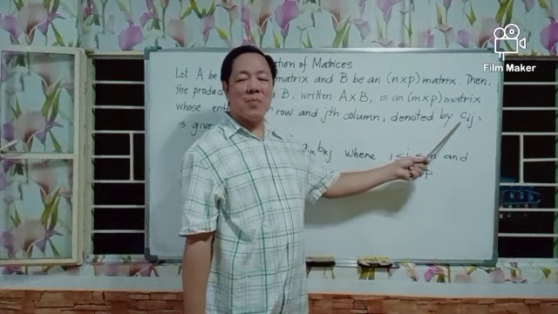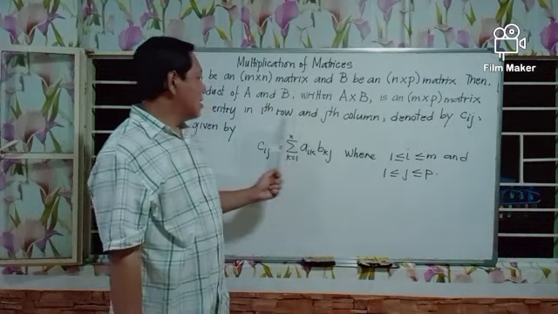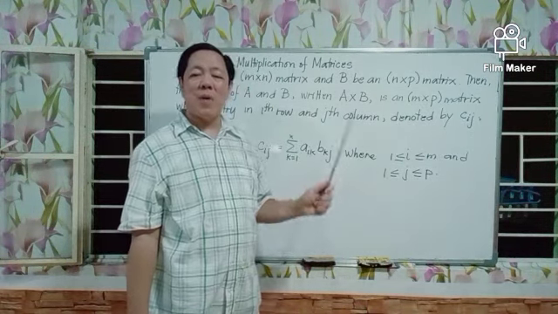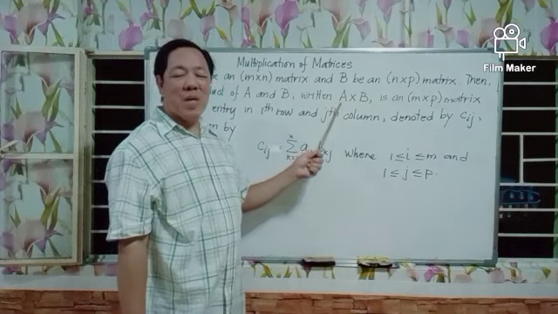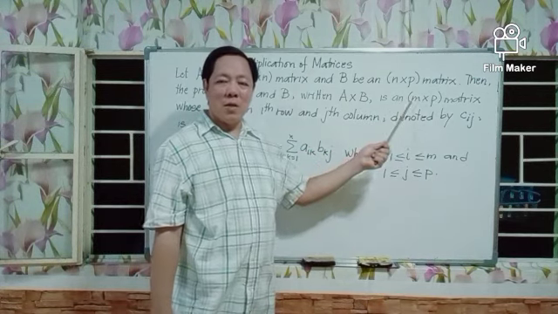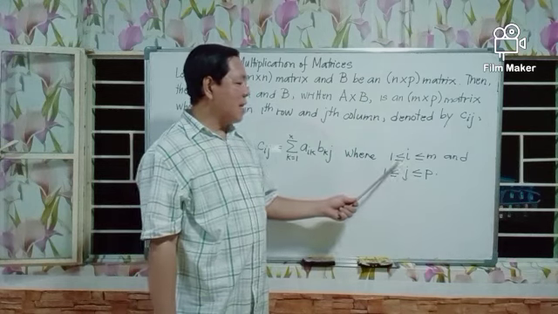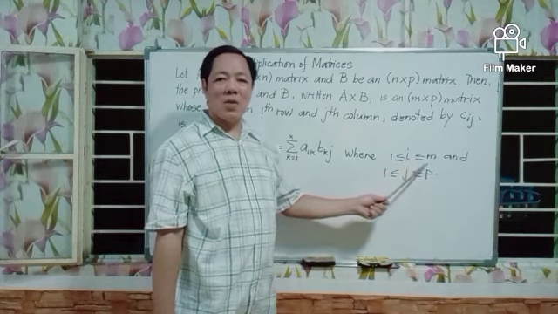The first subscript I refers to the row number of the entry C sub ij in the product A times B. Because the product of matrices A and B has m rows, I will go from 1 to m, or we say I is greater than or equal to 1 and less than or equal to m.